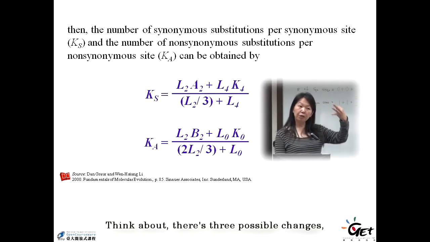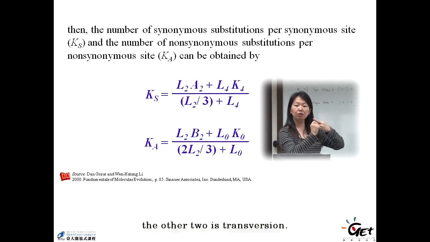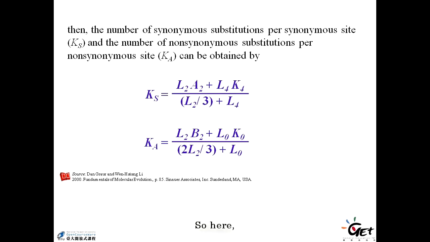Think about the 3 possible changes: one is a transition, the other 2 are transversions. So a quarter of L2, 2/4 of L2, contributes to either synonymous or non-synonymous changes. And for L4 and L0, one is simply non-synonymous and the other is synonymous.